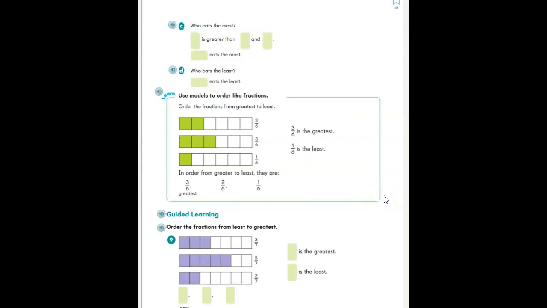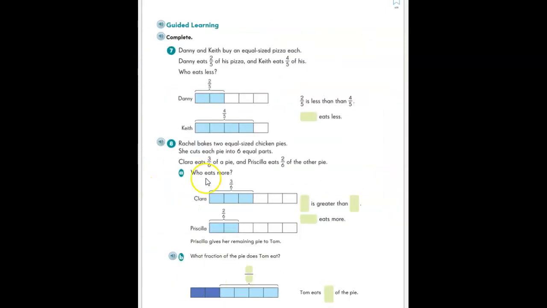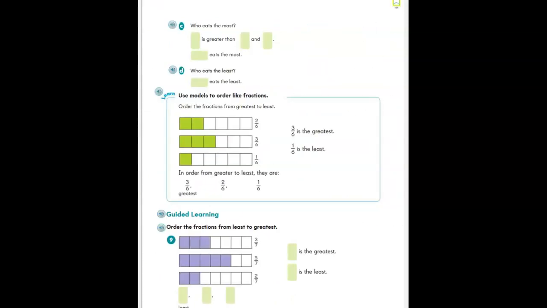Part C says who eats the most? We know that would be Tom because he had 4/6, which is greater than the 2/6 and 3/6. So Tom eats the most. Let's go back and double check. Priscilla only ate 2/6, so Priscilla eats the least.